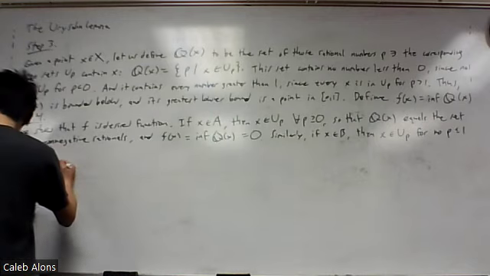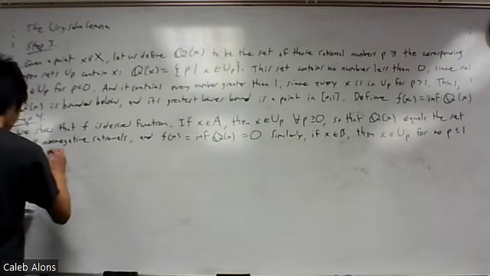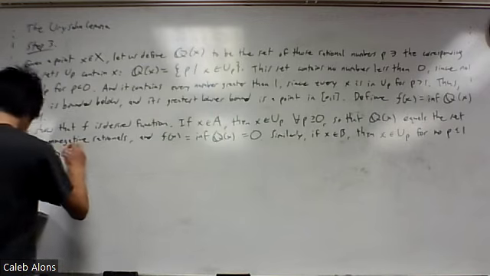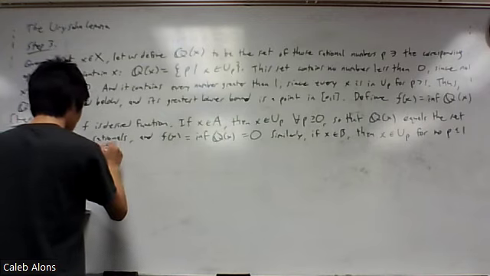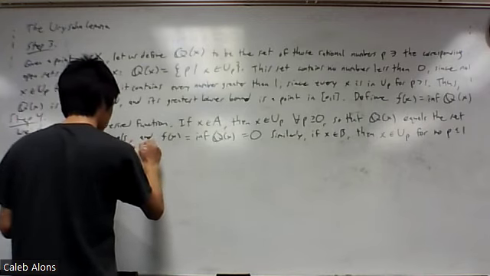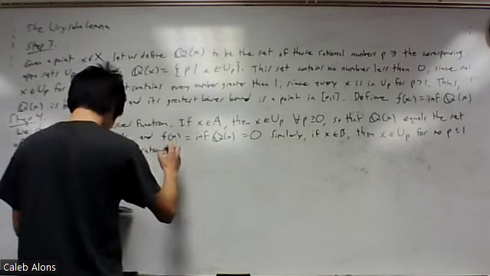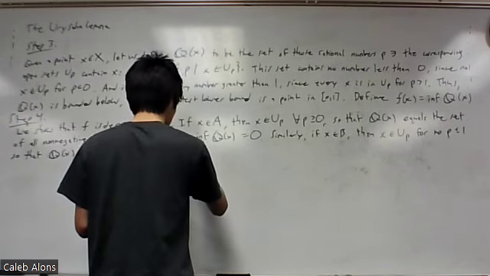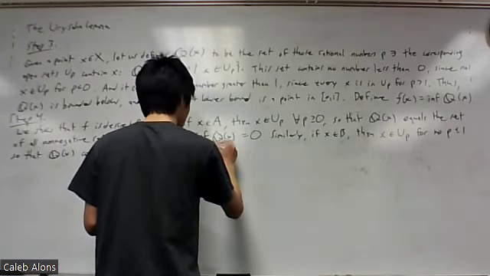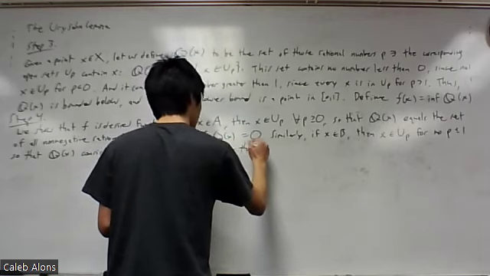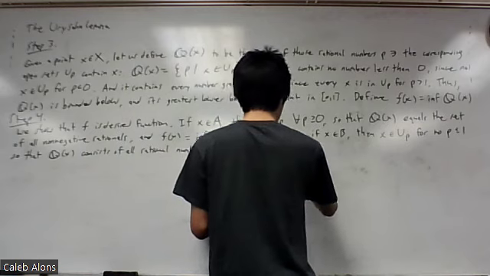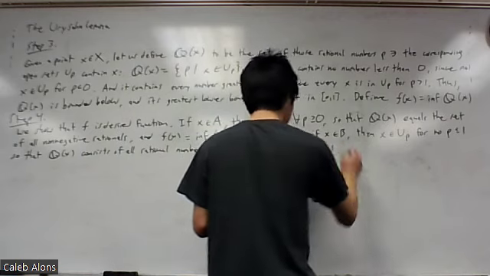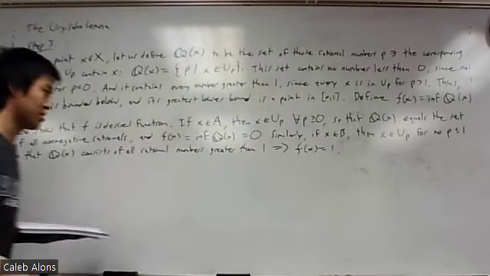So Q of x consists of all rational numbers greater than 1. So then f of x is 1, because that's going to be the greatest lower bound.